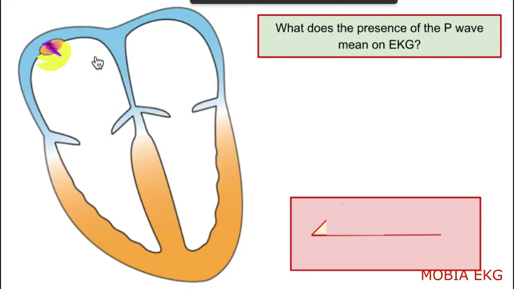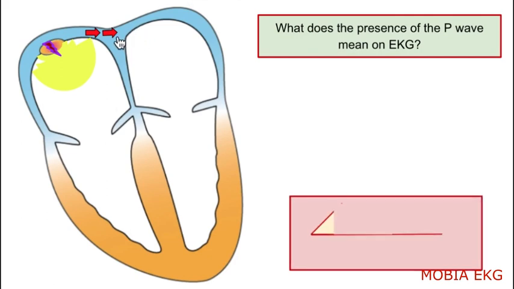The electrical signal can be transmitted through a very special conduction pathway toward the left atrium. Depolarization of the right atrium is in progress while transmission of the signal continues toward the left atrium.